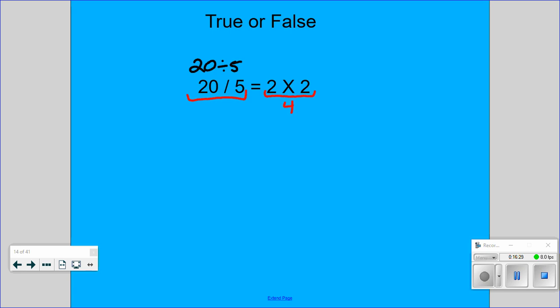Ready? 5, 10, 15, 20. How many groups was that? 4. 20 put into 5 groups gives me 4 in each group. Is this equation true? Yes, it does have the right symbol. True.